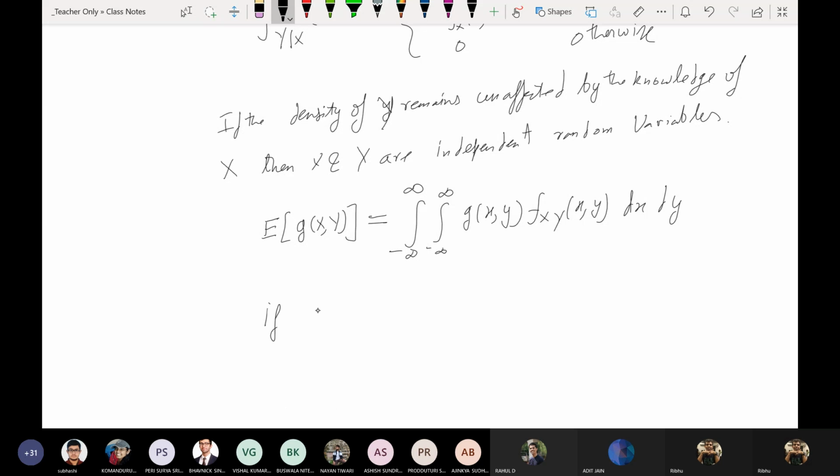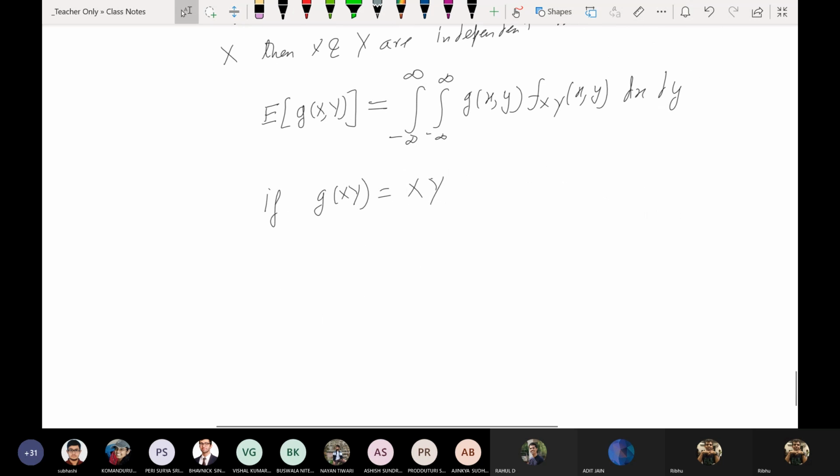If g(x,y) equals xy, then we call the expectation of xy the correlation between x and y.